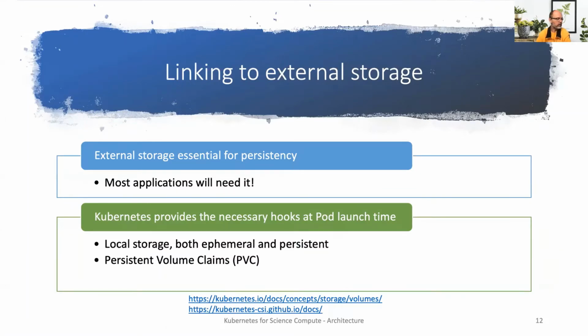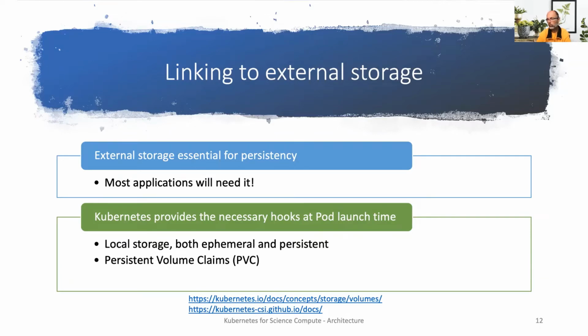And on top of that, you can also link to external storage, because, as I said, a pod is ephemeral. It doesn't preserve any information. So there are several hooks in Kubernetes that allow you to attach external storage, which can be local, and you can even have a local ephemeral storage, but can be also persistent depending on your Kubernetes cluster configuration.